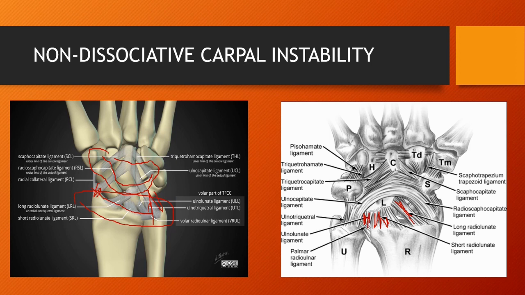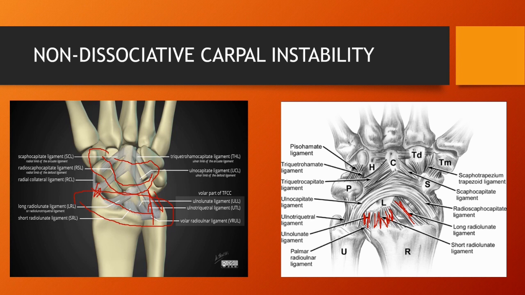And notice that many of these ligaments center on the lunate bone. As we said in our last slide, the intercalated segment is going to be involving the lunate bone. So you can see how the lunate bone can become dissociated from the distal radius and ulna with an injury here to all of these radiocarpal and ulnocarpal ligaments.